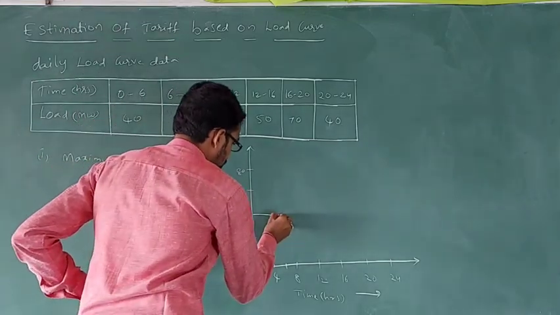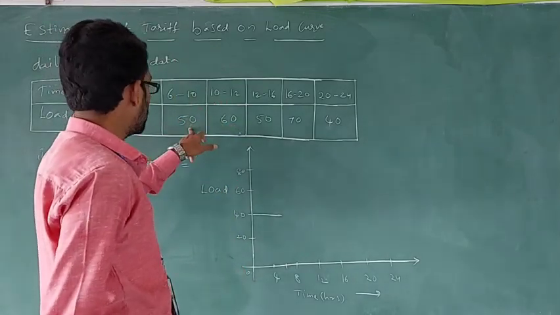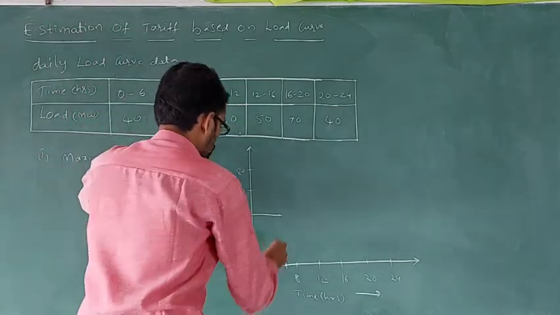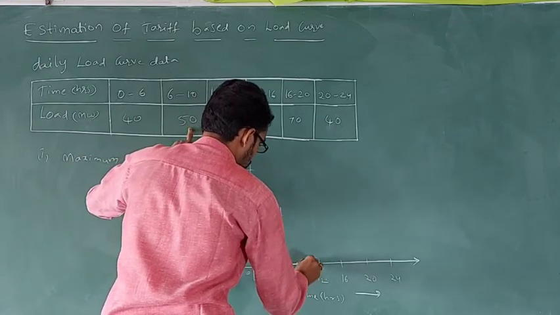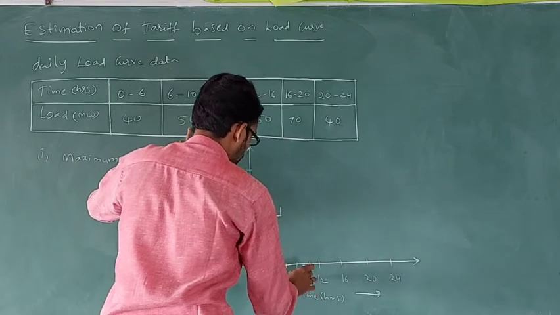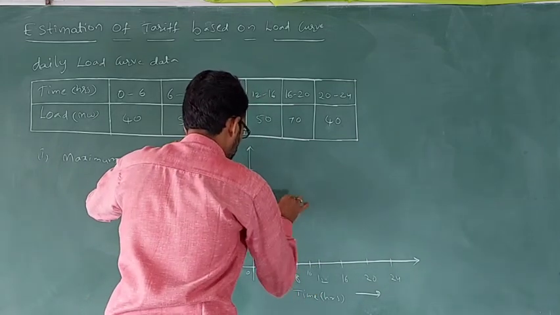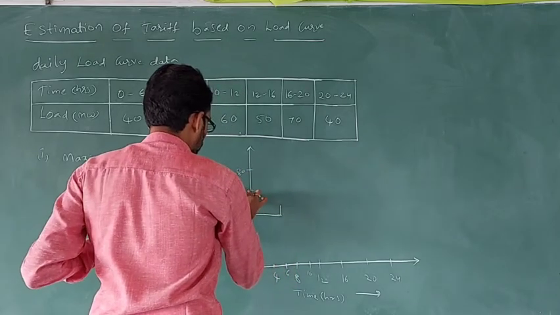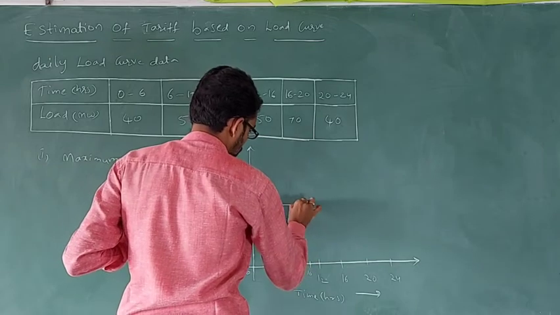After that, from 6 to 10 it is 50 megawatts, that means the load increases here from 6 to 10. So, for that it is 50 megawatts, up to 10.